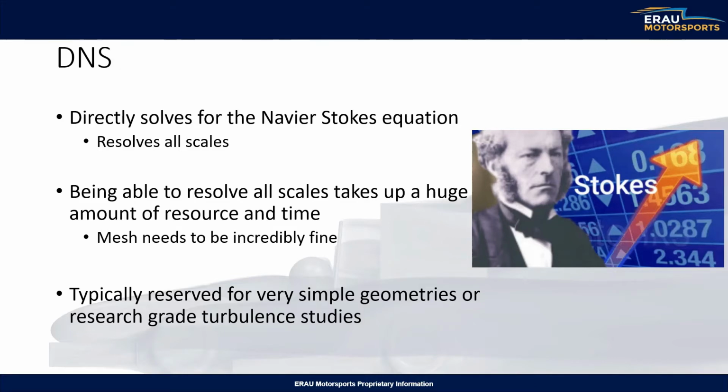The problem is, however, directly solving for this requires an incredible amount of resources and computation time, since, of course, we're directly solving for the Navier-Stokes equations. And the mesh itself needs to be incredibly fine. So because of this, DNS is only typically reserved for very small and simple geometries and/or turbulence studies.